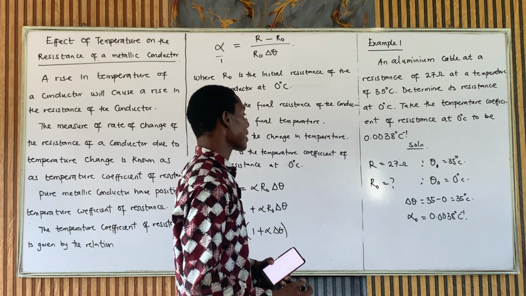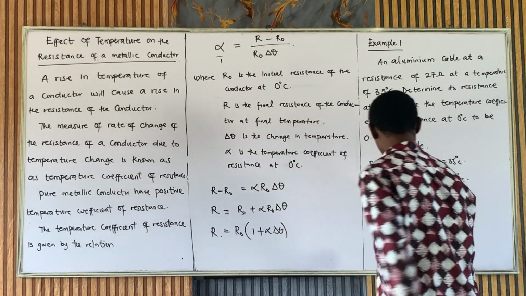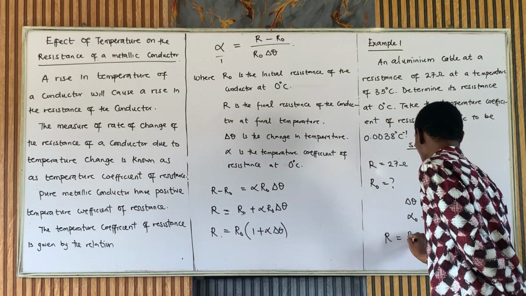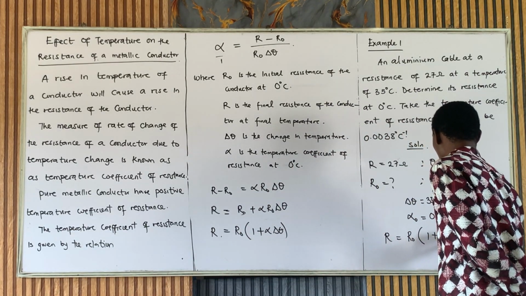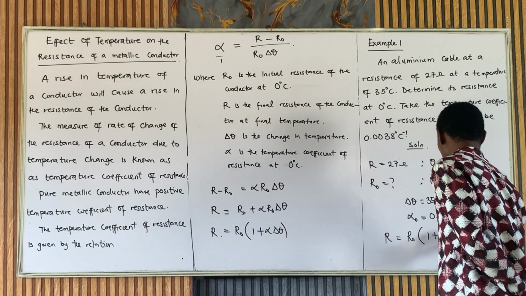So let's go and get our R naught now. We know that our R is given as R naught into bracket 1 plus alpha change in temperature.